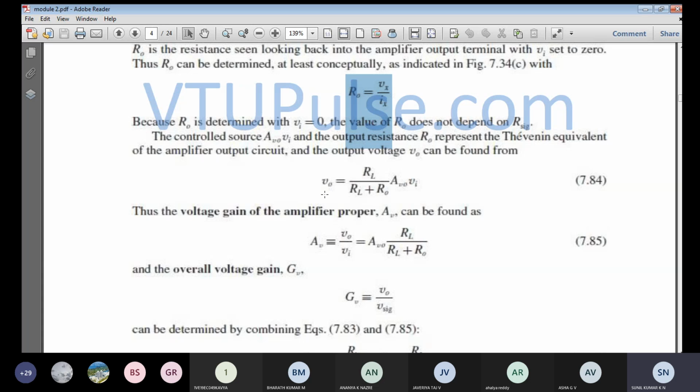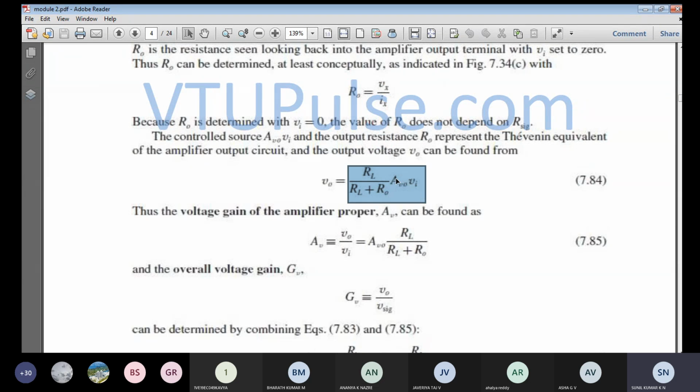And then what is the output voltage? If a load resistance has been connected across the output, the output voltage will appear across the load resistance. The open circuit voltage, whatever output voltage you get without connecting the load, that is the unloaded amplifier, that output will get divided across the load resistance as well as the output resistance of the amplifier proper. So the output voltage will get divided.